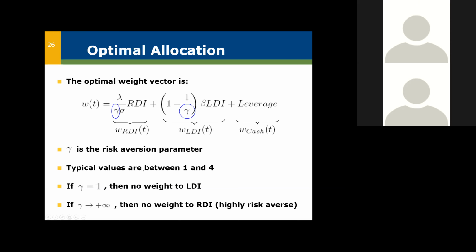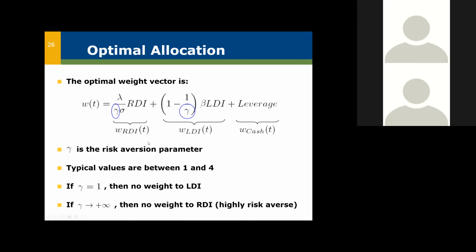When the funding ratio becomes too high, what that means is we've really made more money than we need to make. And so then we could say, well, let's somehow trade our portfolio in such a way that we give up that upside to hedge our downside. This is the idea of putting a floor and a cap on the funding ratio. So say you could put a floor on the funding ratio of say 0.7 and a cap at 1.1. And then you're going to dynamically change the weights to your RDI and LDI portfolio such that you respect those caps and floors.